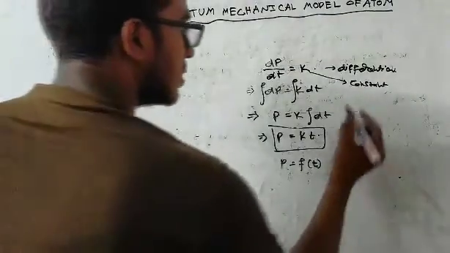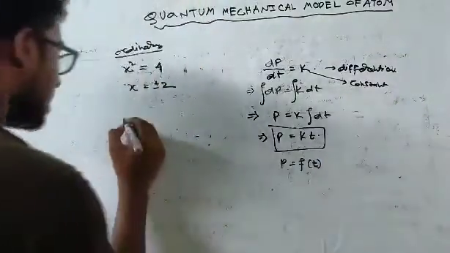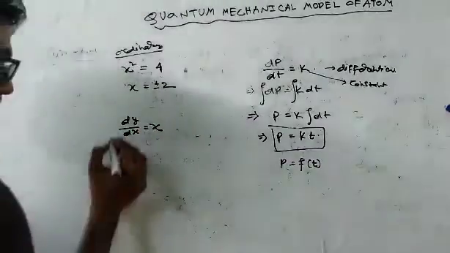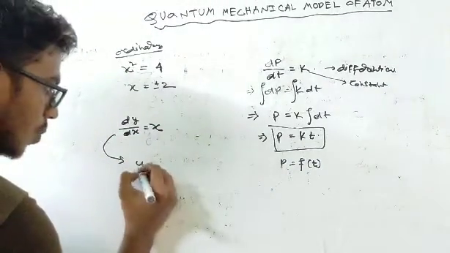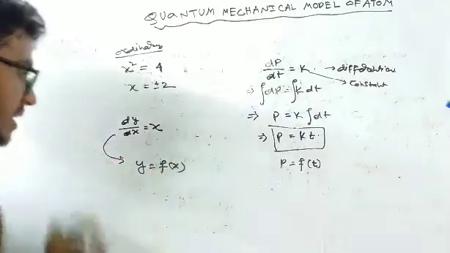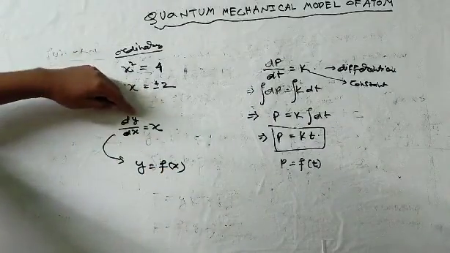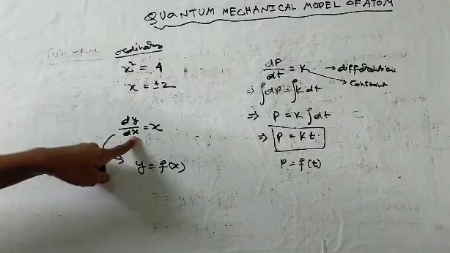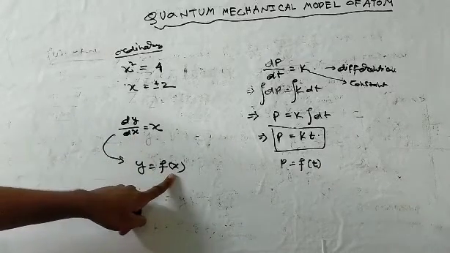So look at the pattern. When my equation is dy/dx equals x, my solution is y equals a function of x. Here I am doing the derivative on y, so the solution comes y equals f of x.